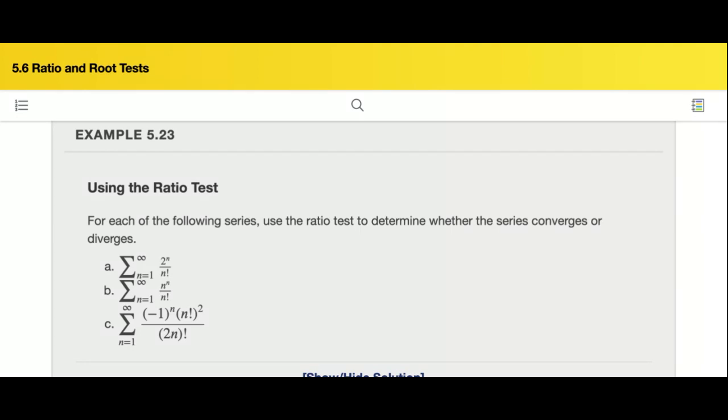Let's do one more. N equals 5. So 2 raised by 5 divided by 5 factorial. Well, what's 2 raised by 5? 32. 5 factorial is 5 times 4 times 3.